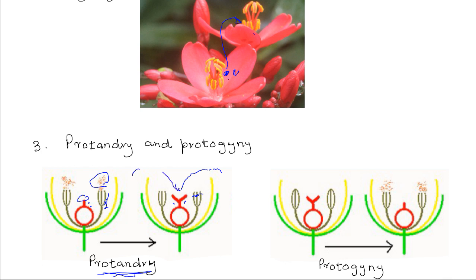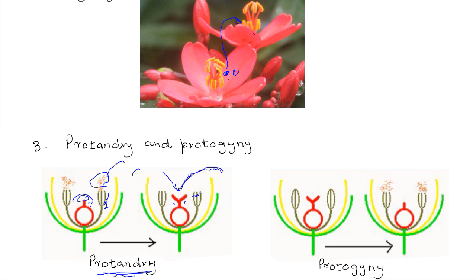Earlier on, the pollen grains produced by the then mature anthers have no way of effecting pollination on this, so the pollen grains are carried away to another flower. Later on, when the stigma is mature, ready to receive pollen grains, the pollen grains must come from outside. So this way, cross-pollination is effected.